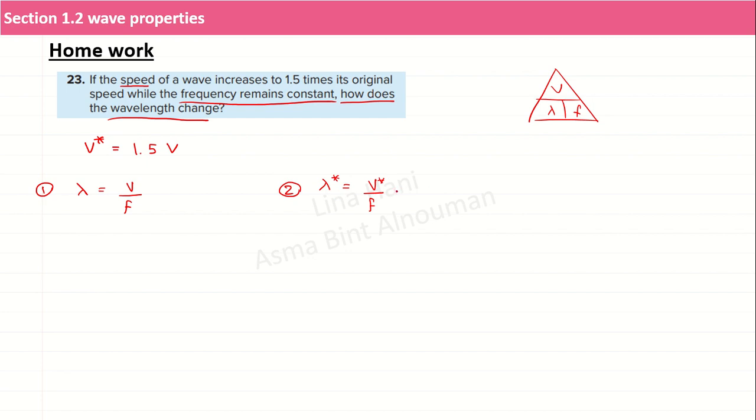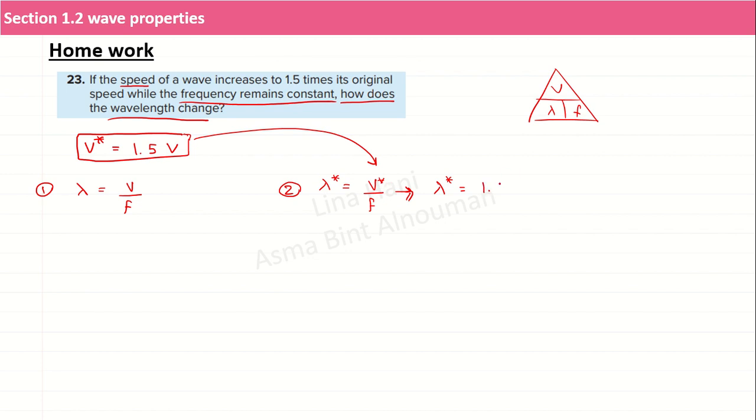Now we need to substitute the relationship we turned into an equation from the words, and then we're going to divide the two equations over each other. So lambda new, the new wavelength, is equal to the new speed, which is 1.5 times the old one.